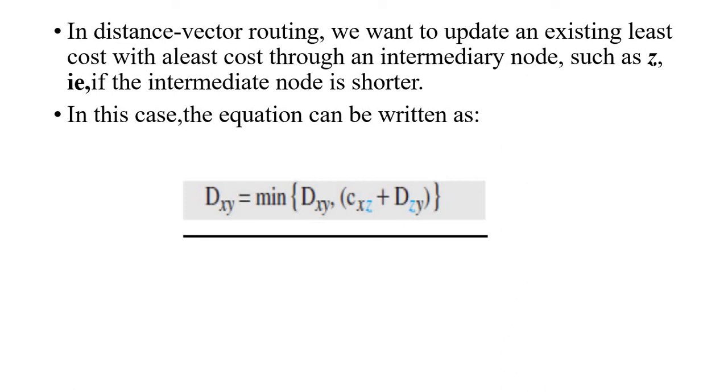That means the overall distance from the source to the destination, that is x to y, will be the minimum distance coverage from x to y at the level of the intermediate node z in between x and y. That can be represented as c of xz plus d of zy.